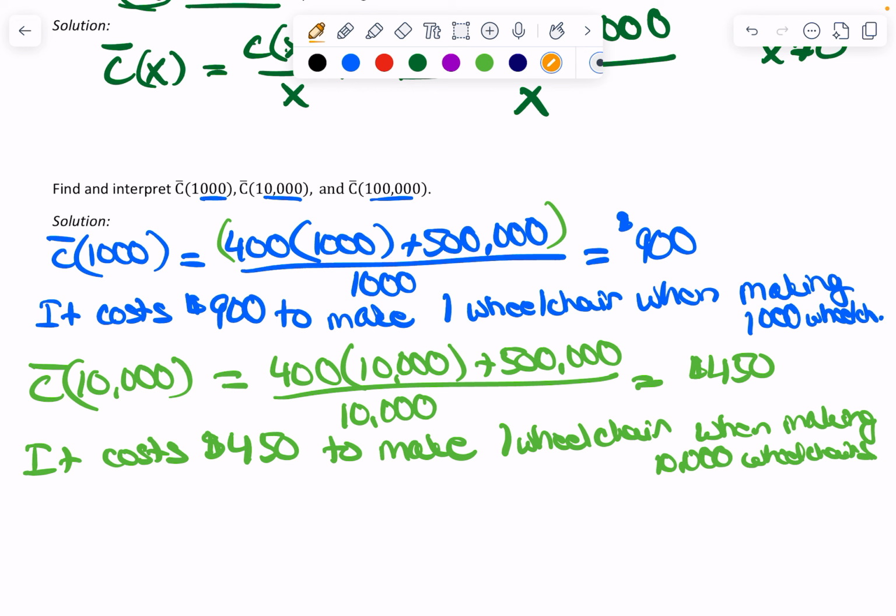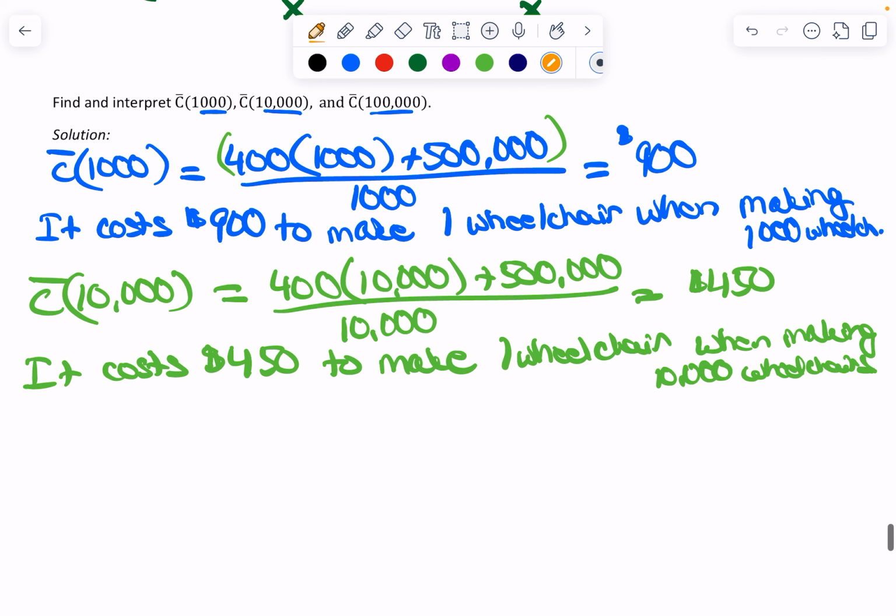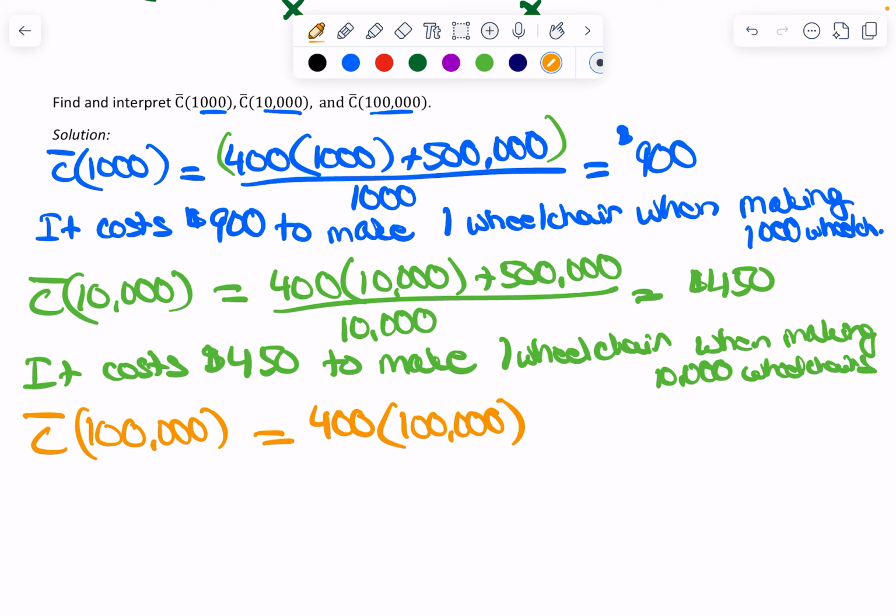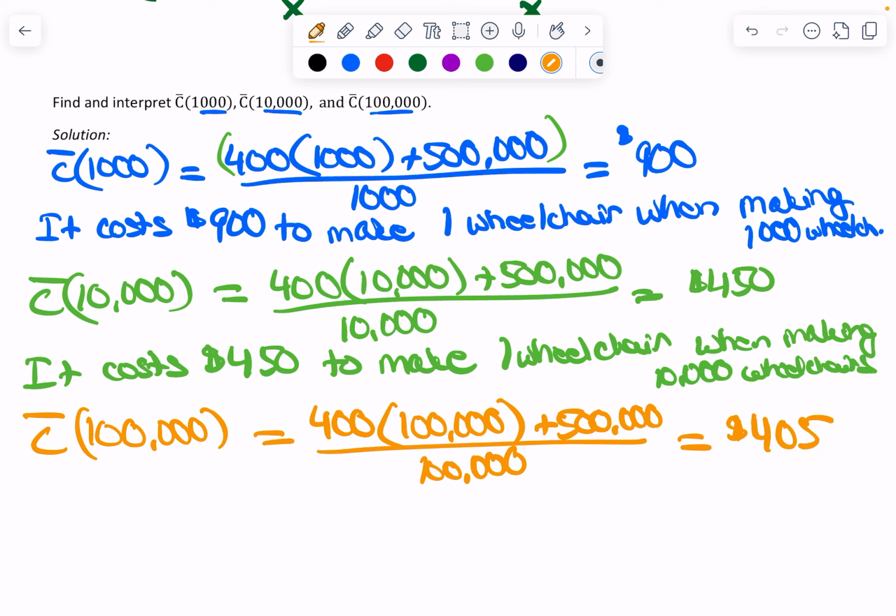Okay, so let's see what happens when we're making 100,000 wheelchairs. We're already seeing that the more wheelchairs we're making, the cost is going to be lower. So this is going to be $405.